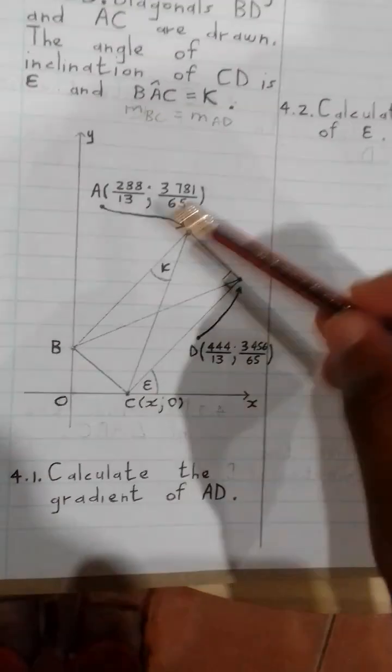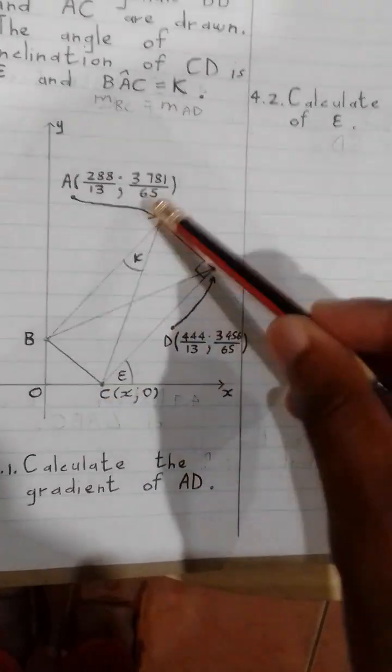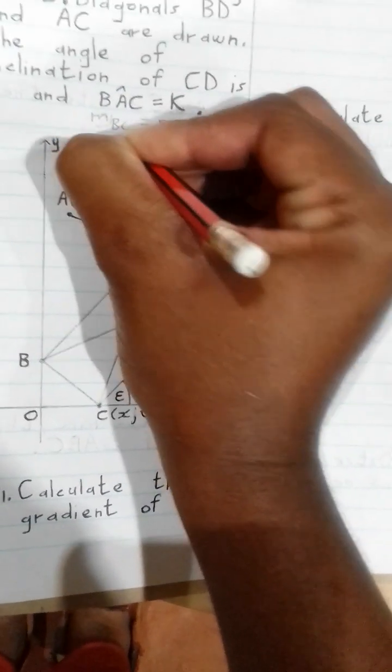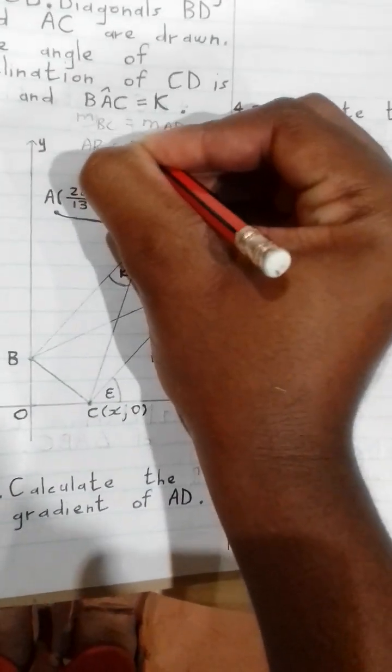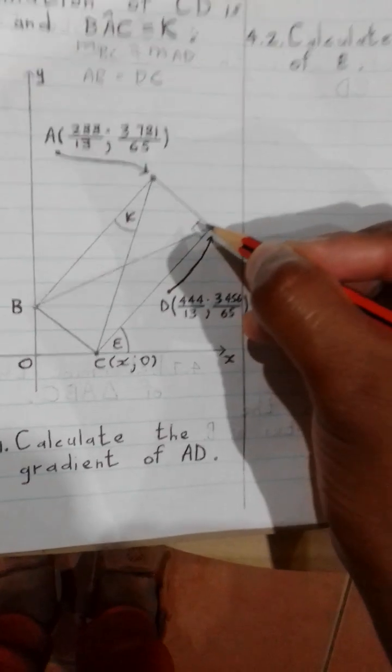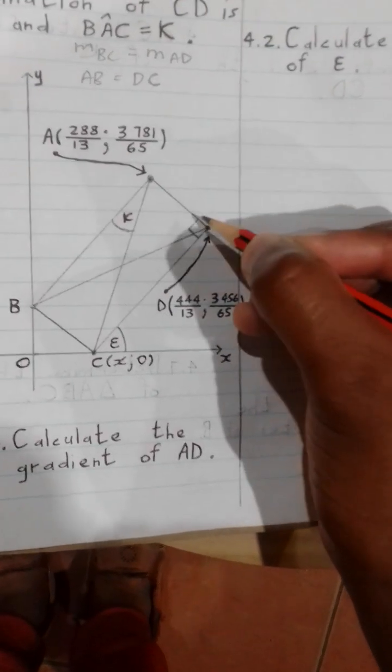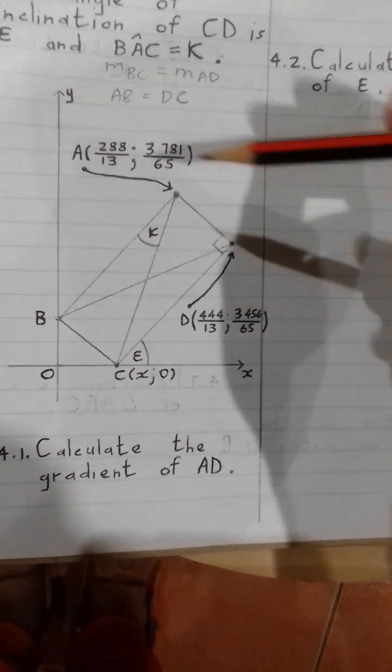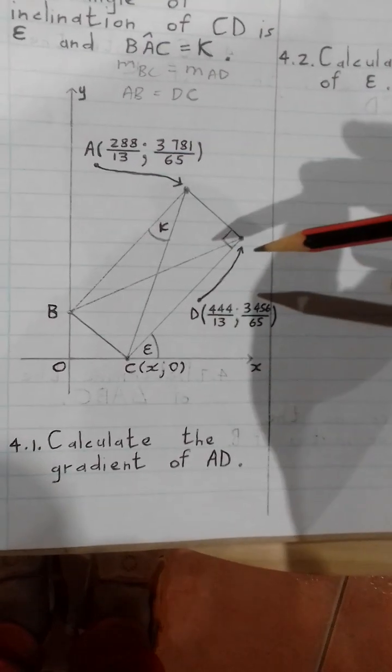Since we used BC, we're going to use AB is equal to DC. And then you're also given that all interior angles are 90 degrees. So AD is perpendicular to CD.